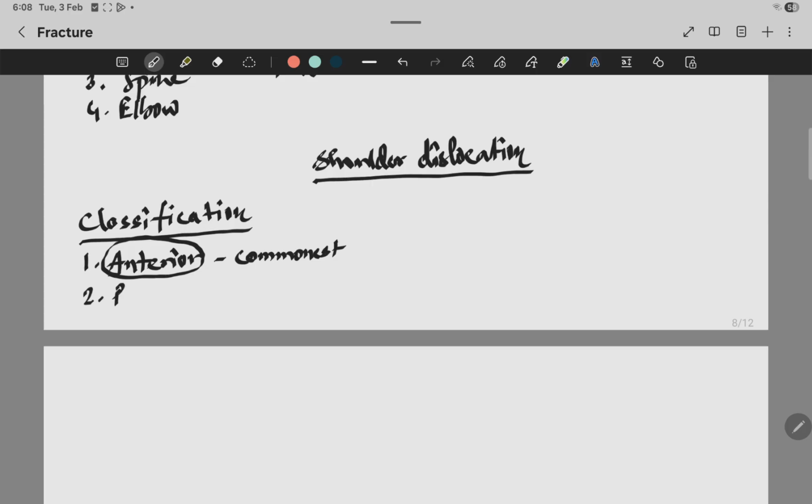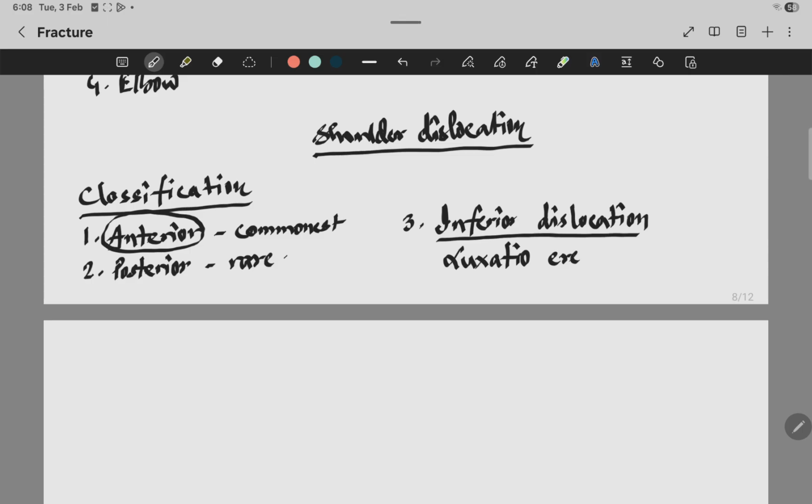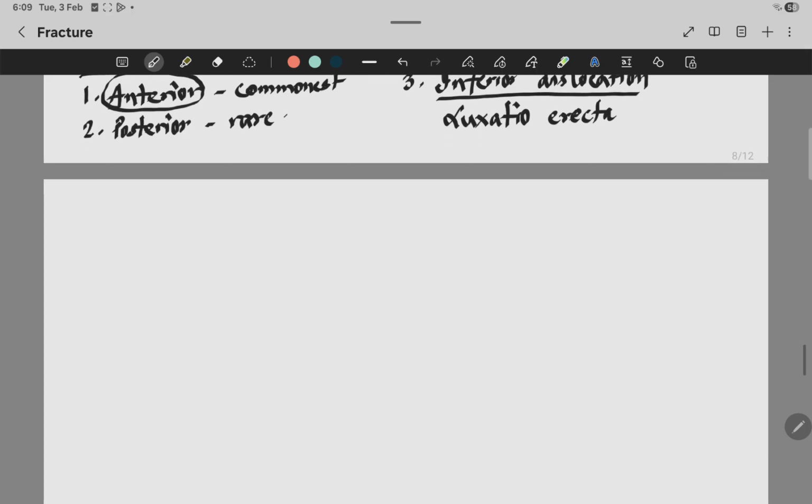Number two is the posterior shoulder dislocation, which is very rare. And number three is the inferior dislocation. Another name for the inferior dislocation is luxatio erecta.